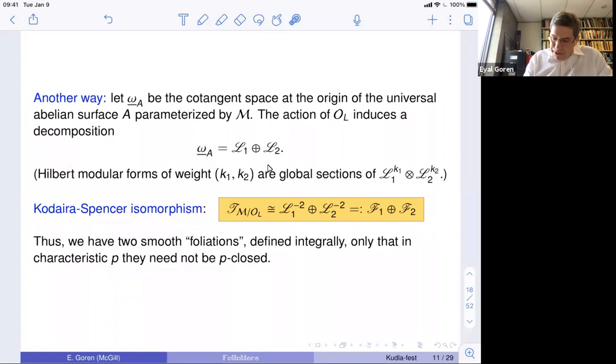In characteristic p, because they are line bundles, the condition of being involutive, being closed under the Lie brackets or the Poisson brackets, is automatic, but being p-closed is not. And there's an interesting story happening, which I want to explain.